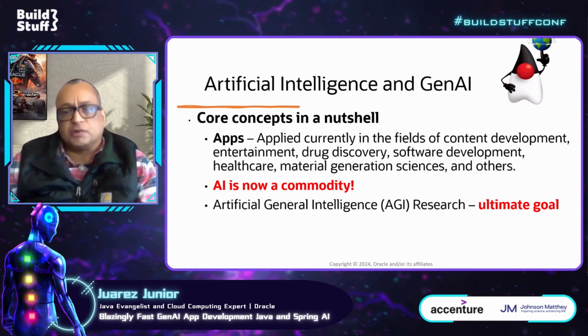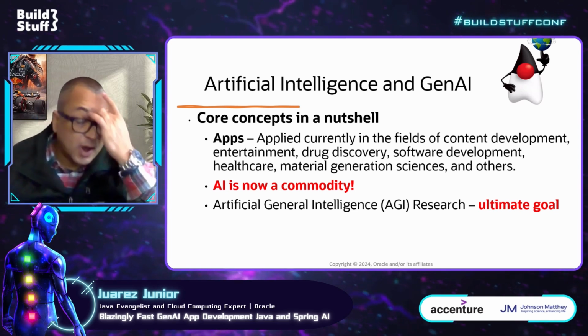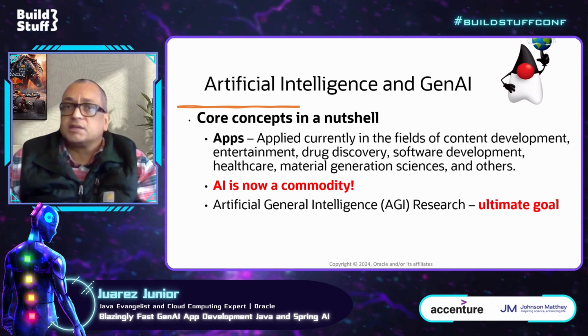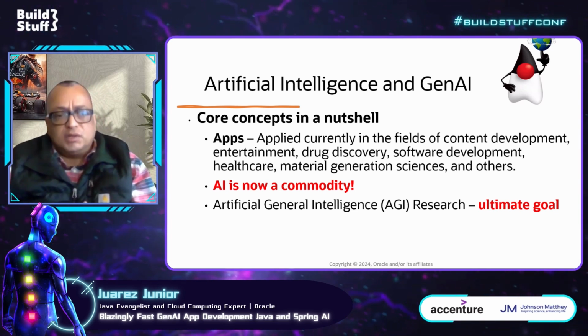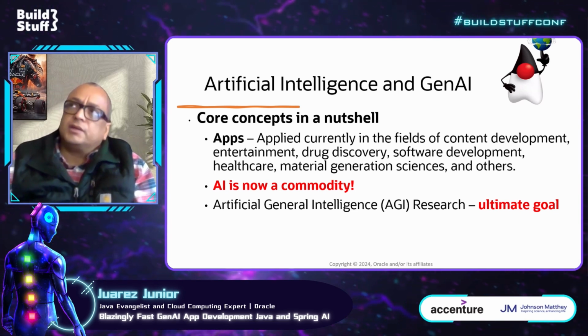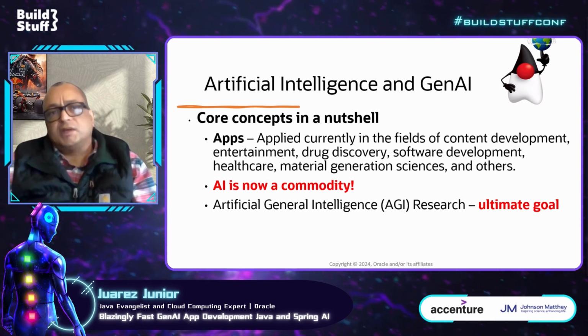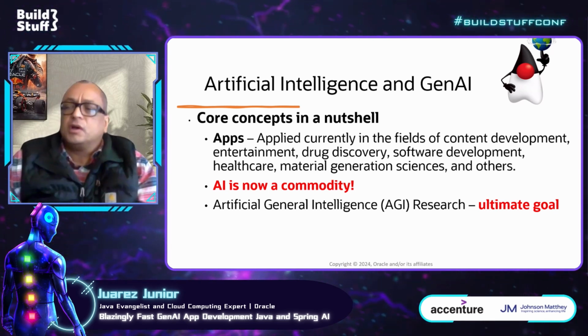Oh, I forgot to mention AI is now a commodity as well. That's interesting because of what happened, as an example, with the cloud computing industry and the migration, which is still somehow happening in terms of IT transformation and modernization.